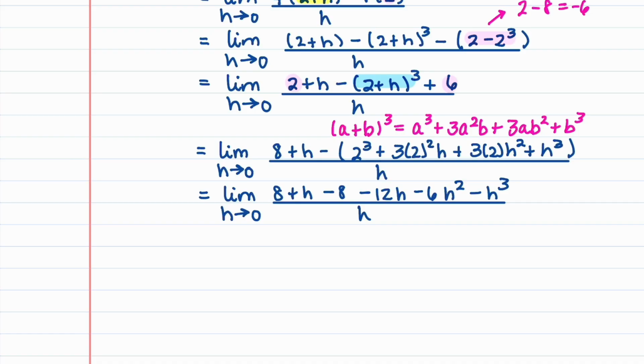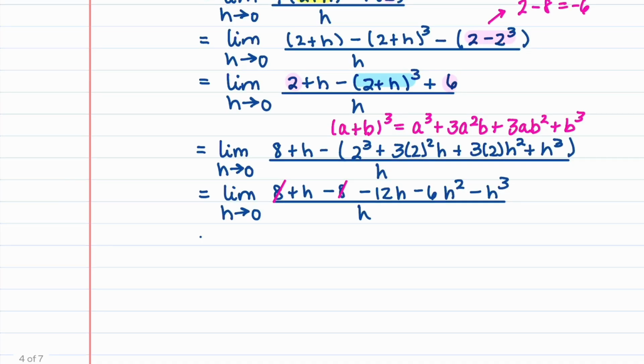I always tell students you never really get good at algebra until you take calculus. And then you do lots of algebra and eventually get good at it. Let's see here. Our 8s can cancel, and that's about it. So let's go ahead and combine some terms.